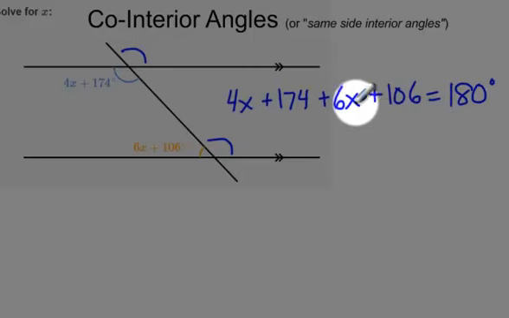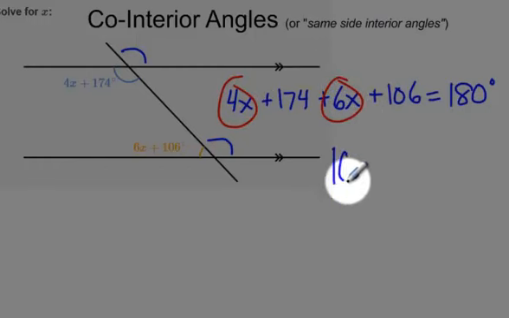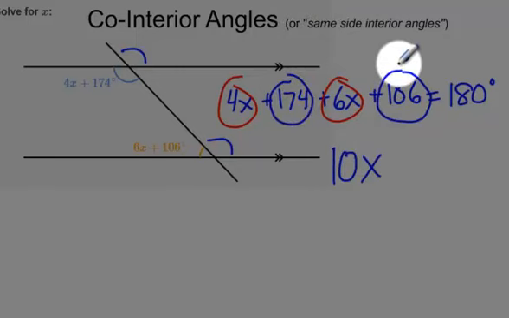Well, put like terms together. Okay? We've got a 4x and we've got a 6x. That equals 10x. Over here we have a 174 and a 106. Put them together. So 174 plus 106, and you should get 280. I'm going to write that down.